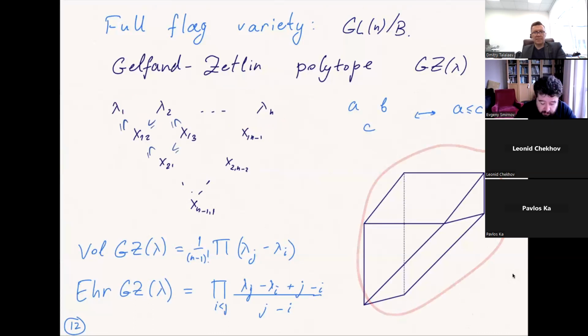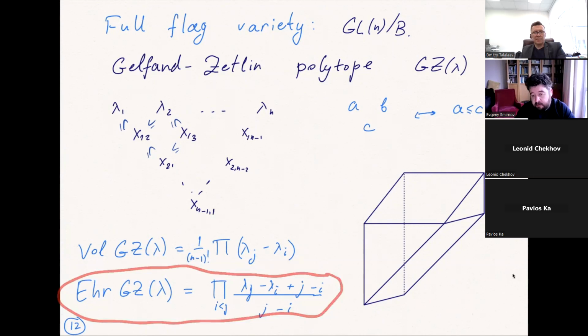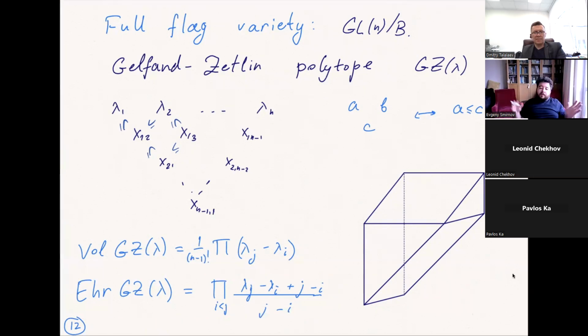So its volume is the Vandermonde determinant, and the Ehrhart polynomial is just a shifted Vandermonde. So this reminds you of the Weyl dimension formula, and in fact, it is the Weyl dimension formula.